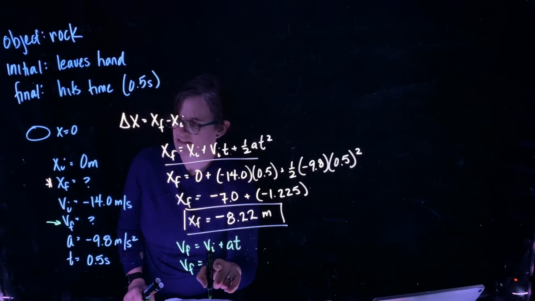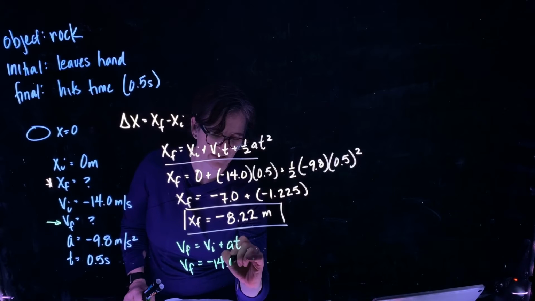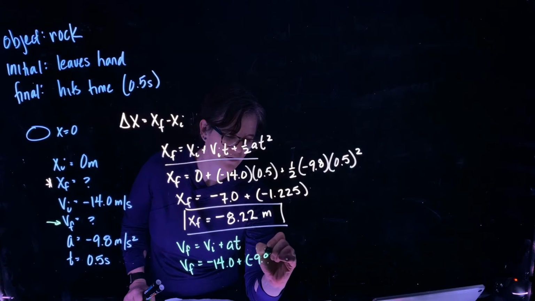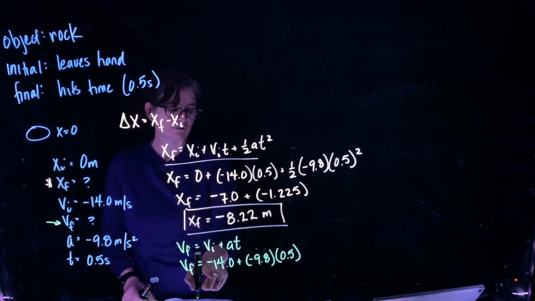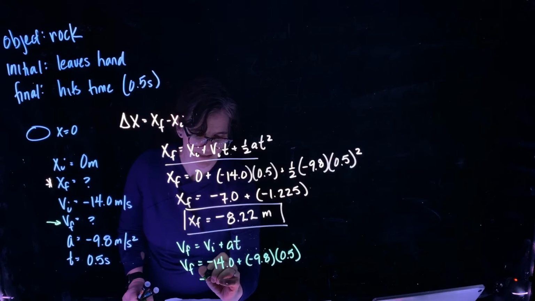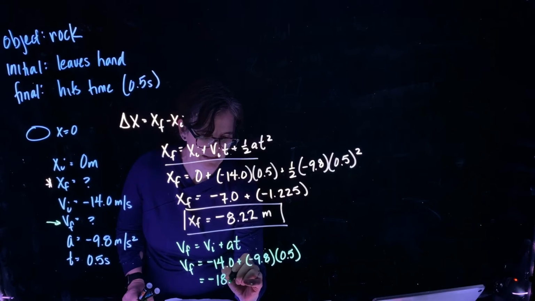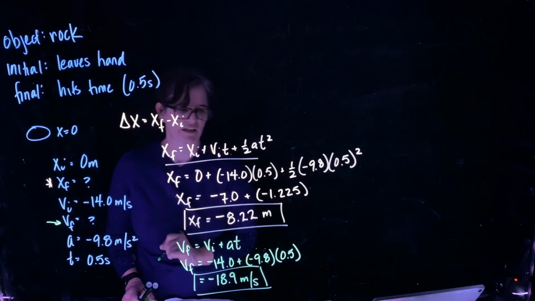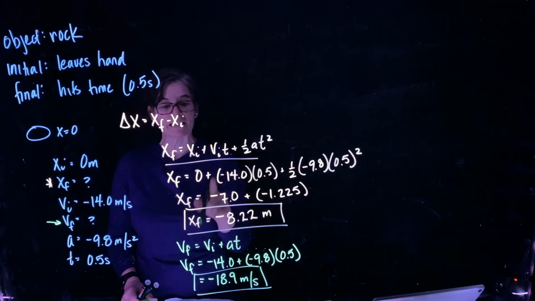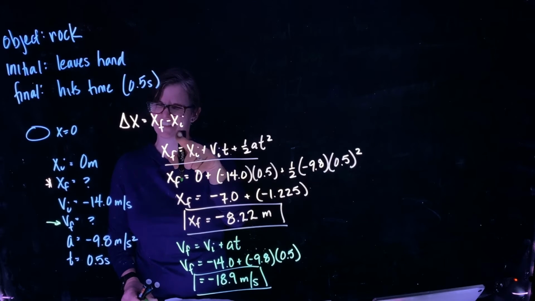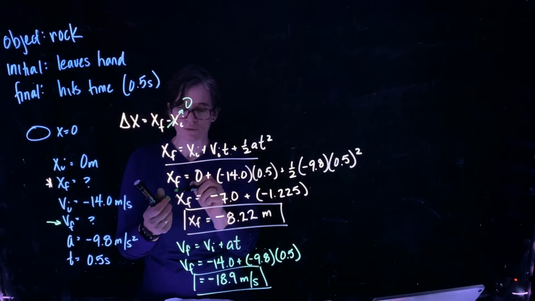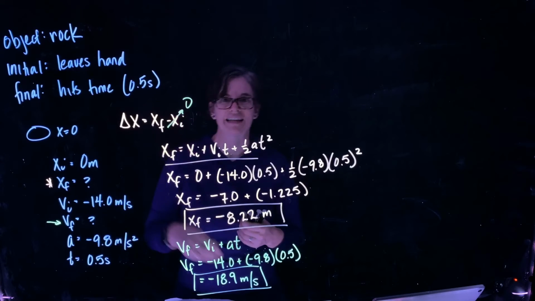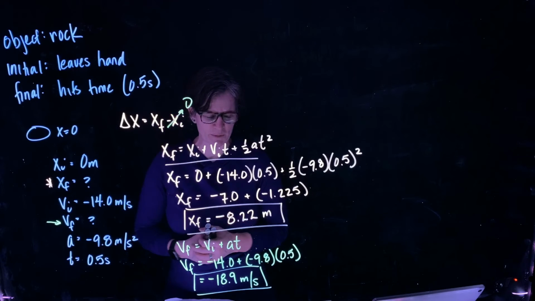My final velocity, well, that's negative 14.0 plus negative 9.8 times 0.5. So negative 14 minus 4.9, and we get negative 18.9 meters per second for our final velocity. All right, so our displacement, which is x final minus x initial with x initial equal to 0, is simply x final, negative 8.22 meters, and v final is negative 18.9 meters per second.